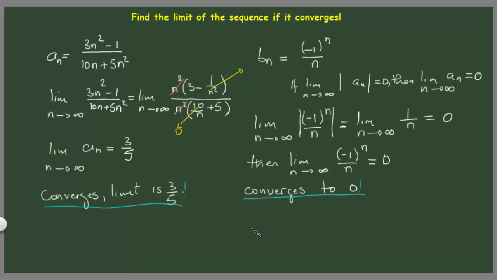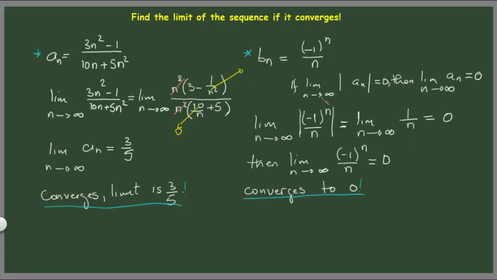Again, for these two exercises: for the first one, you factor out the largest power of n and then take the limit. It's going to be easy. For the second one, you just use the absolute value, which turns the whole term into a positive term, so you can take its limit.